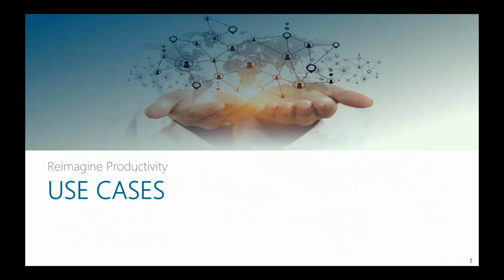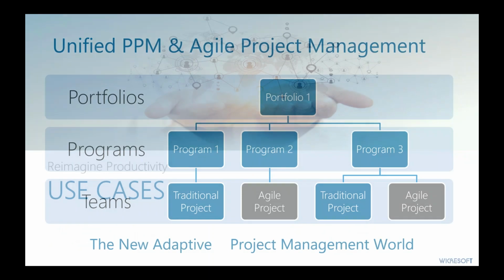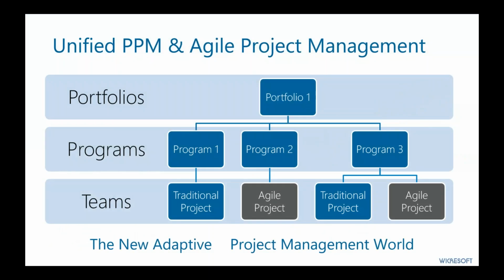So what are some use cases around this unified PPM approach? Well, first of all, if your organization is stacking things up, like we've shown here, where you have portfolios broken down into programs, then broken down into teams that are delivering on the work associated with those programs and portfolios, you might have traditional projects that are being delivered with a solution such as Project Online.